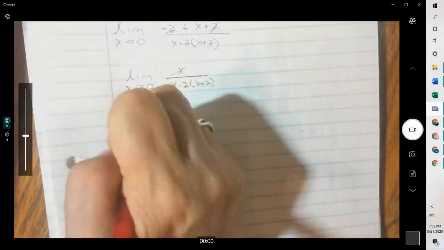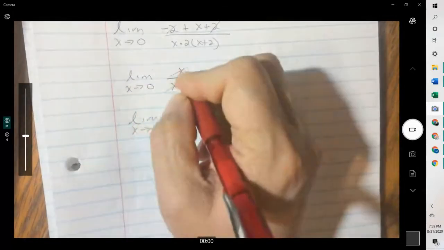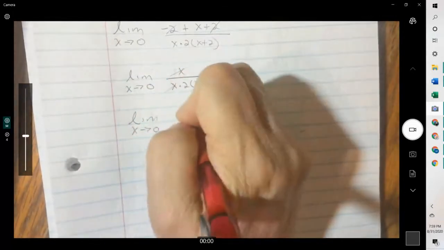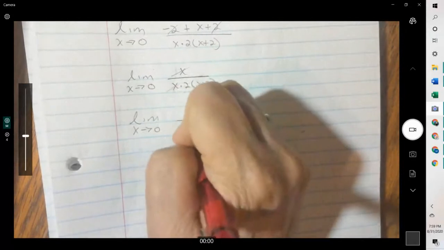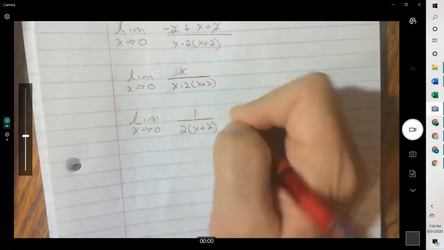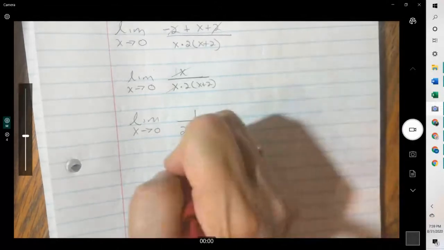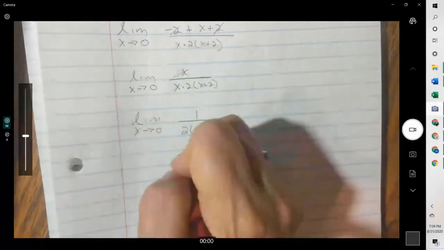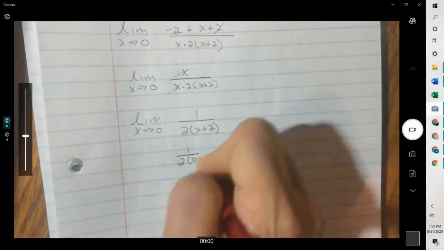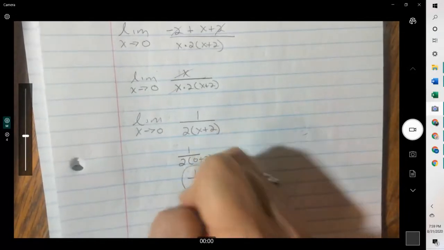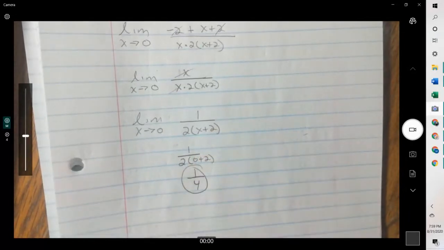Leave the limit as x approaches 0 of, when this cancels, it leaves the 1 that's in front of it, over 2 times x plus 2. Now that it's simplified, we can plug our 0 in again. And we have 1 over 2 times 0 plus 2, or 1/4. So some of them will have a lot of simplifying that you need to do.